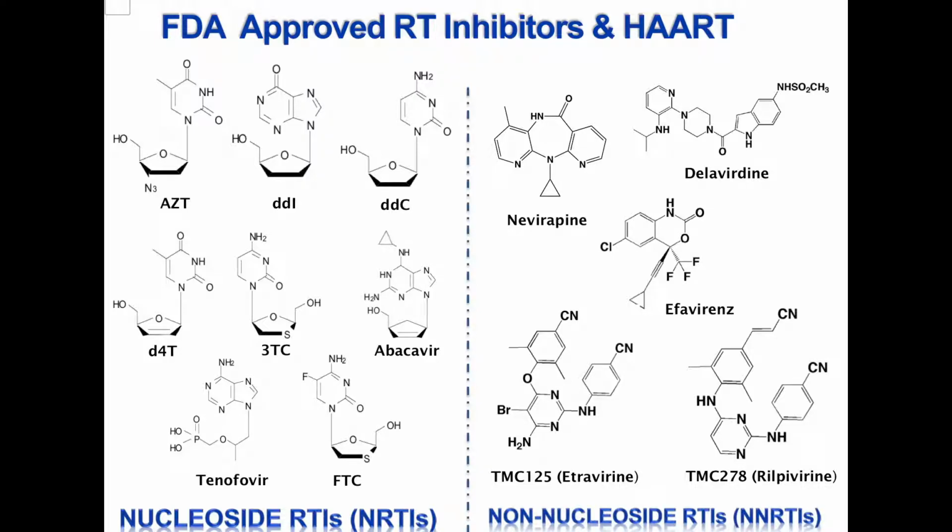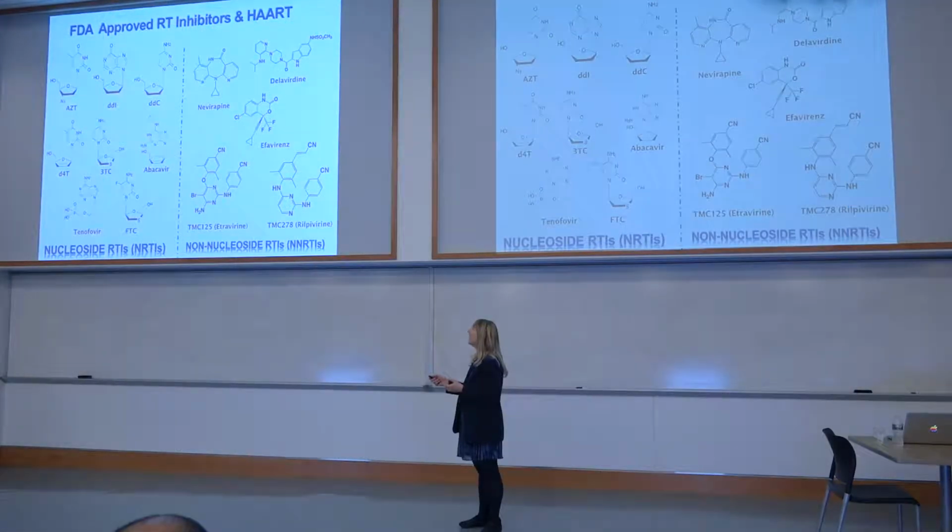The way they work is they compete with the endogenous nucleotides. They get phosphorylated to the triphosphate form, they get incorporated into the growing strand of DNA, and then because they don't have a 3' functionality, they result in a chain termination event.